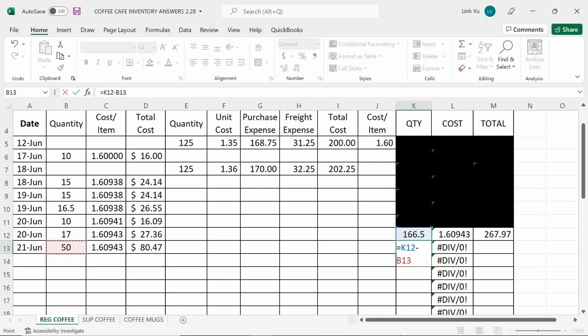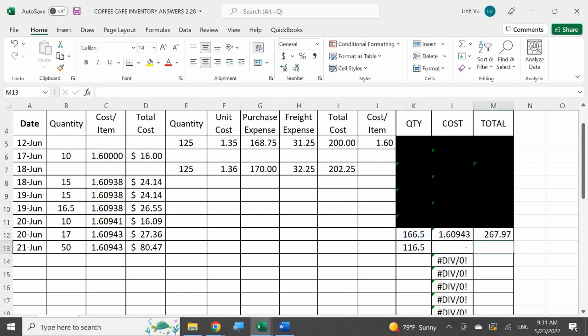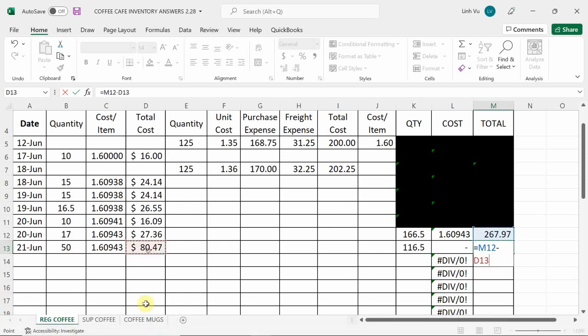166.5 minus 50 is 116.5. And then right here, my total cost of $267.97, I ended up selling $80.47.